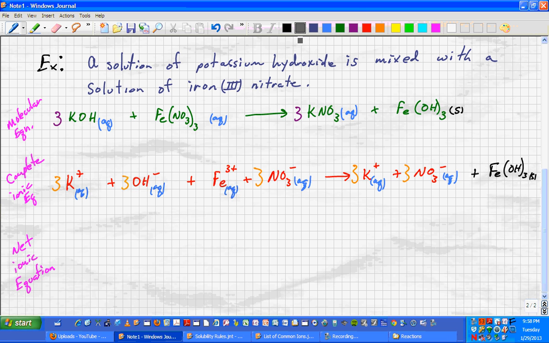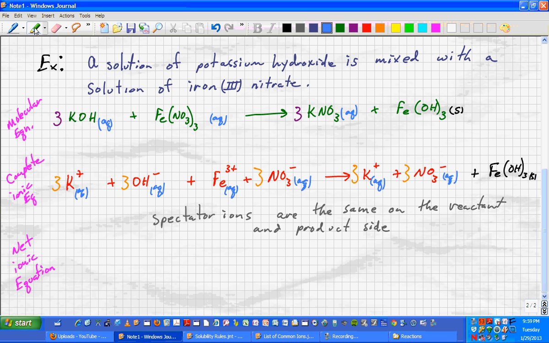Spectator ions are the same on the reactant and product side.